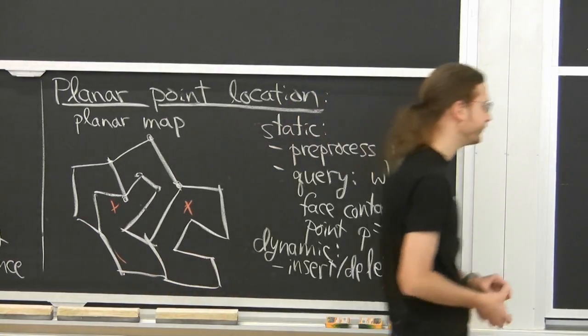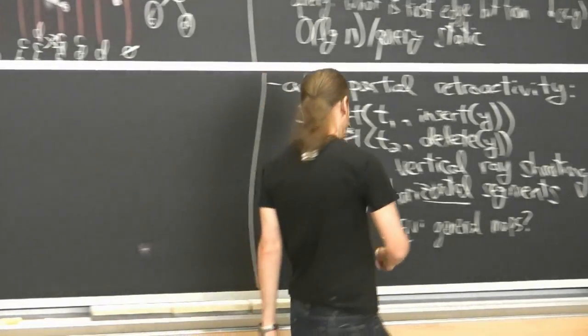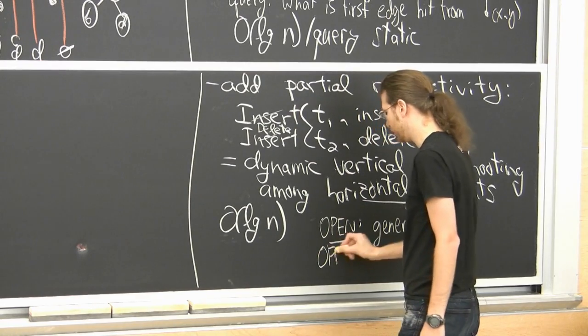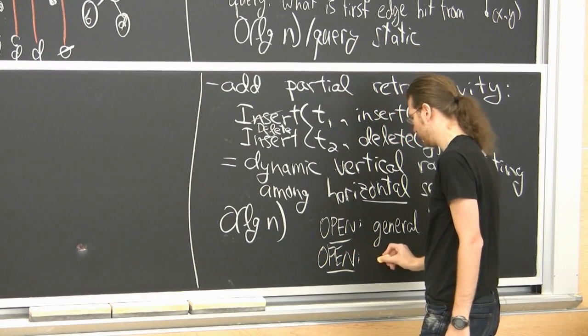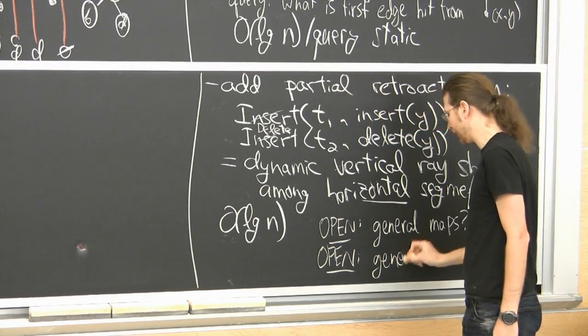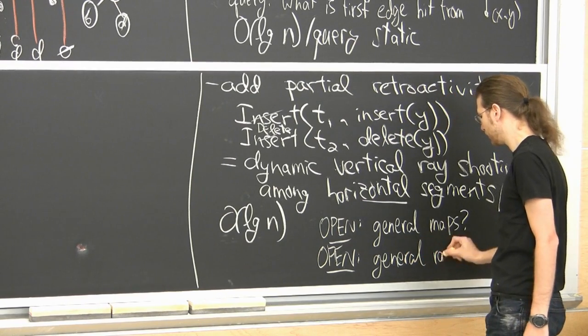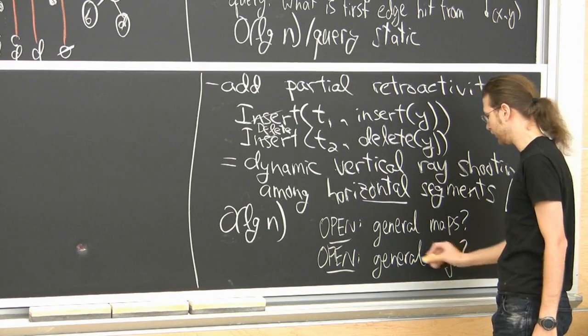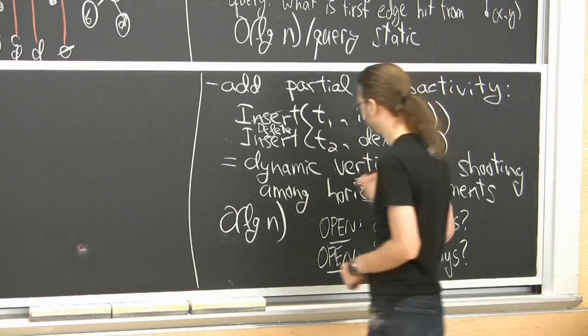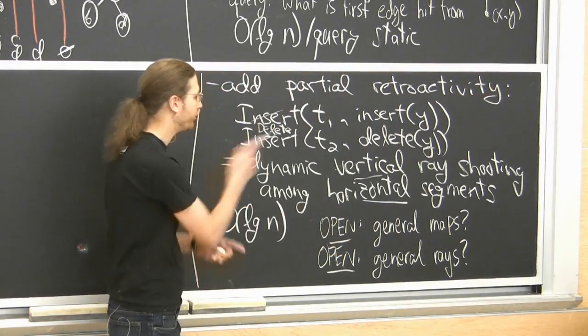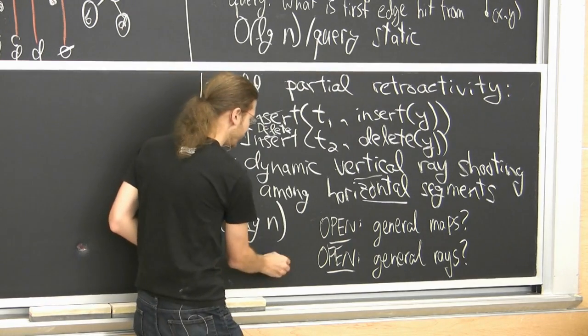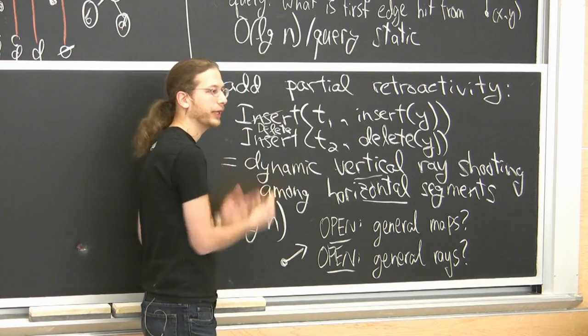Another fun open problem is, what about non-vertical rays? Sorry, so what if I can now query, I give you a point and I give you a vector. I want to know what do I hit in that direction.